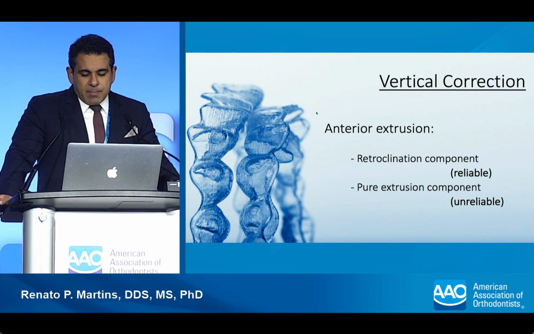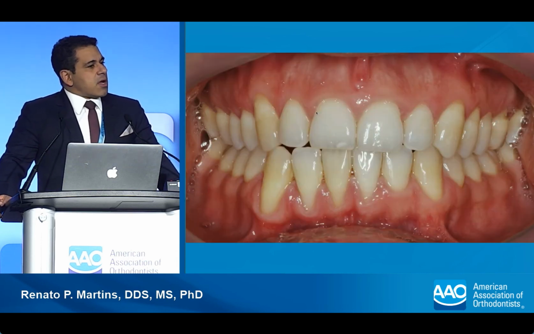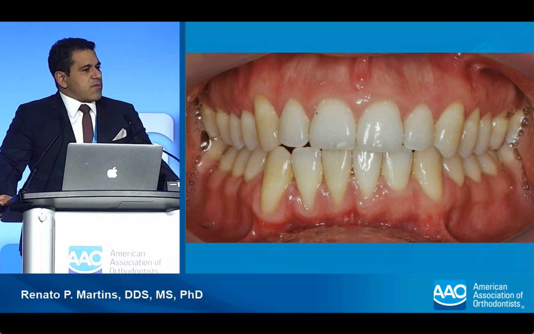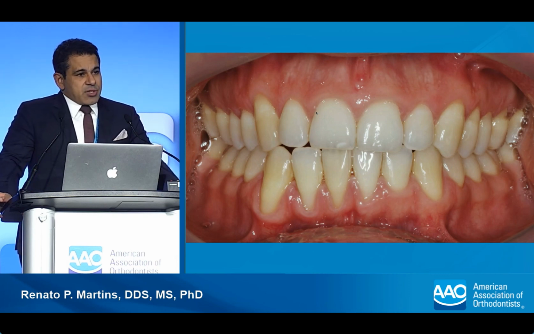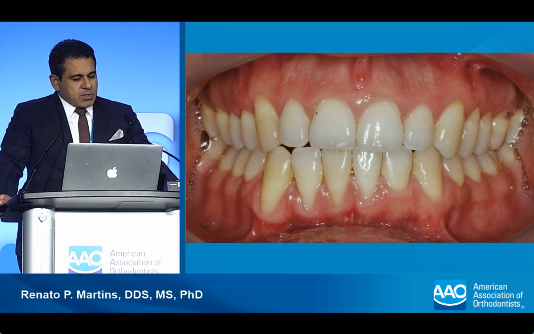And here's a good example of a case that I treated where this patient had a crossbite around the region of the lower right canine, and it was a little class 3, and we had retraction there, and we had lingualization of the canine and incisors.